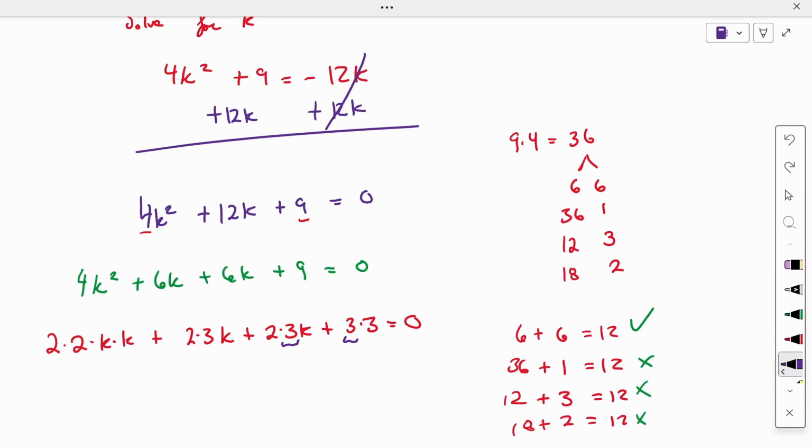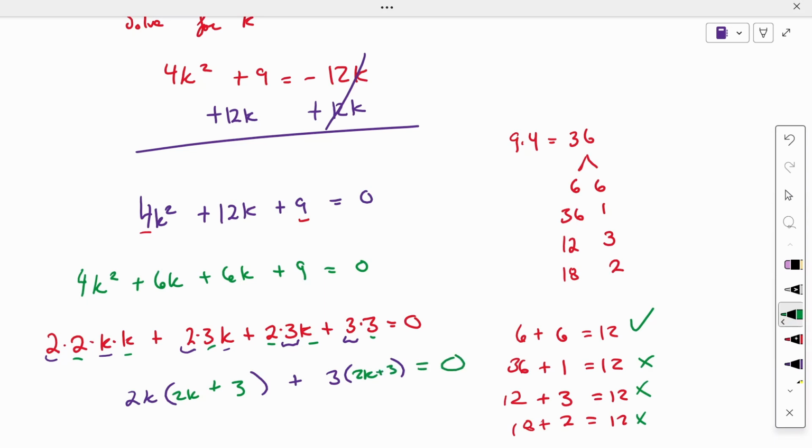Now, at this point, the factor by grouping says that we need to find sets that are in common. Of course, I have a 3 and a 3 in common. I've got a 2, a k, and a k in common. So now I'm going to factor out the common term, and I write what I have left over. So I've got a 2k, I've got a 3, I've got another 2k, and I've got a 3.